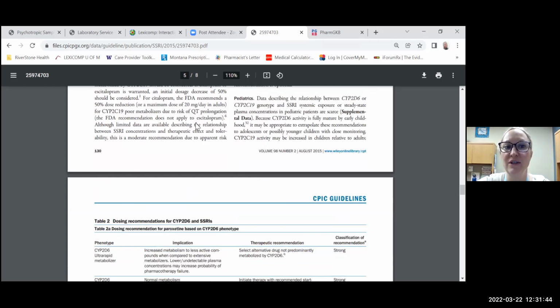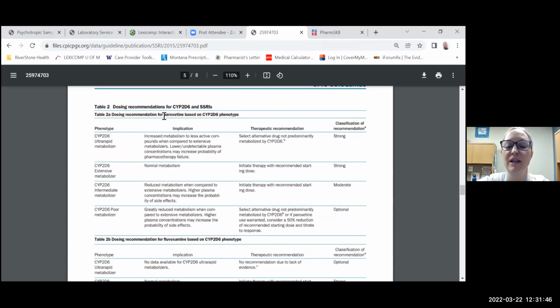So for patients on, or if you're thinking about starting, paroxetine in a patient, there is guideline information that if you are a CYP2D6 ultra rapid metabolizer, you will have significantly lower serum levels of paroxetine, to the point where there is literature showing strong levels of evidence that you will likely not respond to paroxetine, and that you should select a different medication not metabolized by CYP2D6.